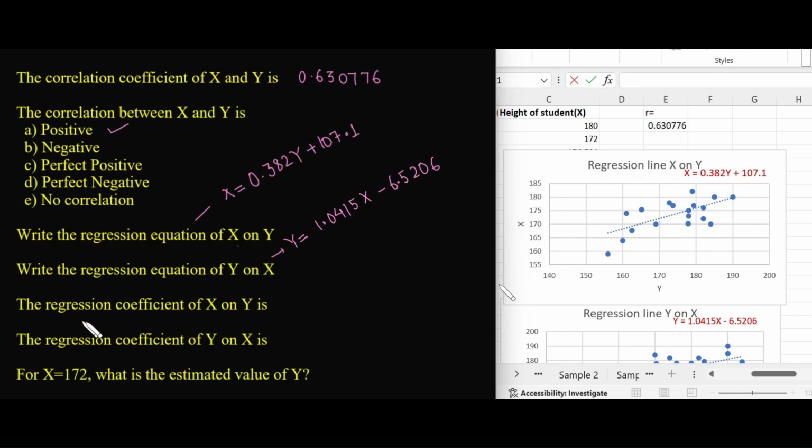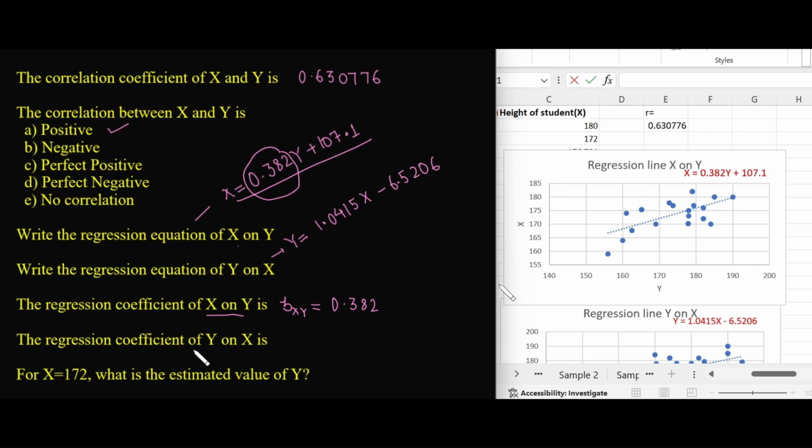The next question is what is the regression coefficient of x on y? This is also written as bxy. So what will be the answer in this case? We need to first find the line equation of x on y. So here it is. Now we take the coefficient of y, and that is the answer for this question. In this case the answer is 0.382.